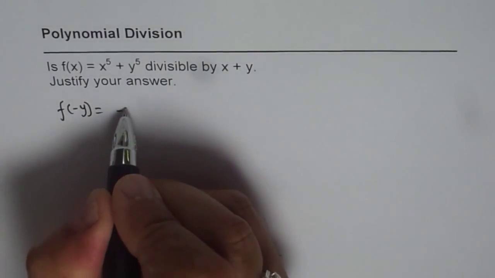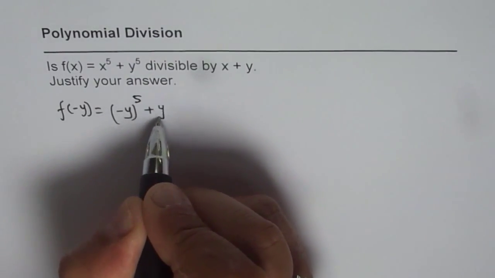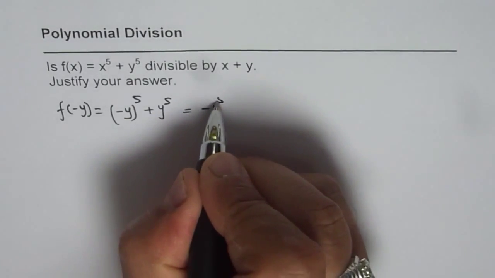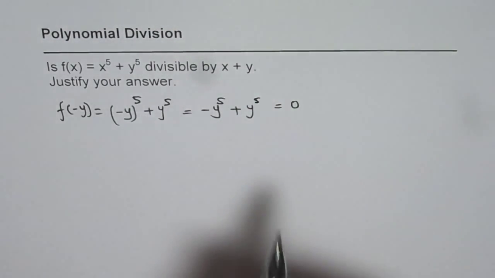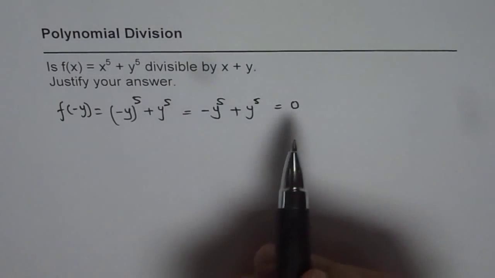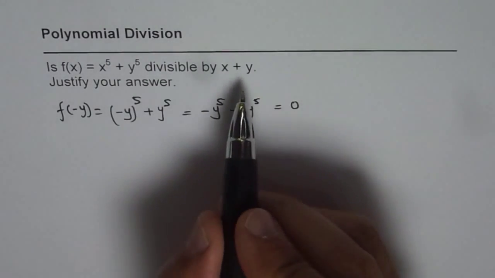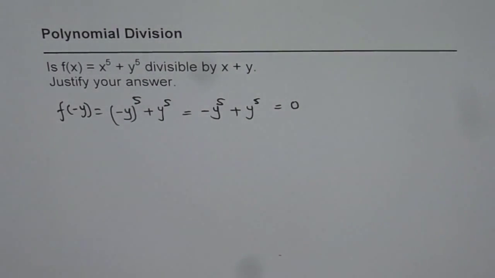I get minus y to the power of 5 plus y to the power of 5, since this is odd, and we do get 0. Since we get 0 for f of minus y, we say x plus y is a factor of the function given to us, right?